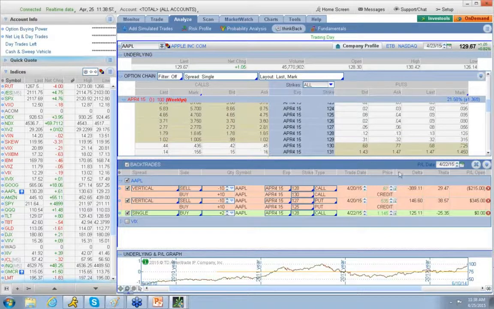Next day, we're up a lot more. But you can see I've kind of done well enough on this. If I want to stick to it, you can see I've got a short delta of 200 again.